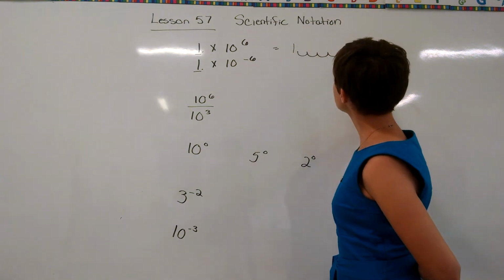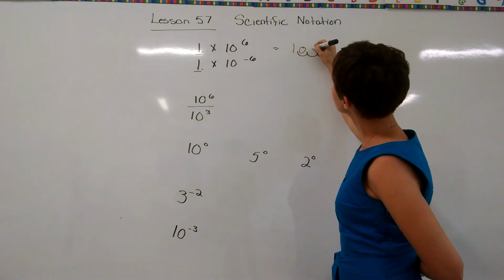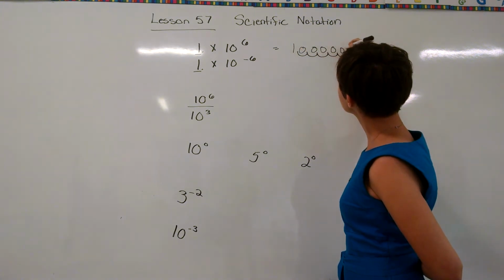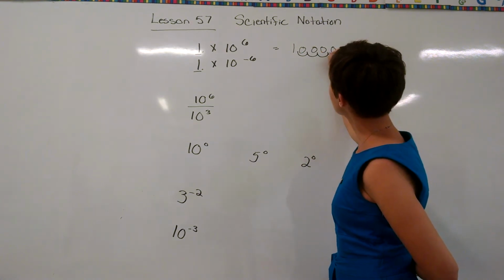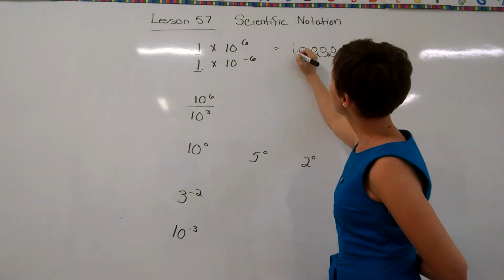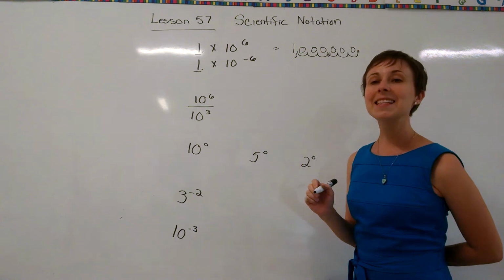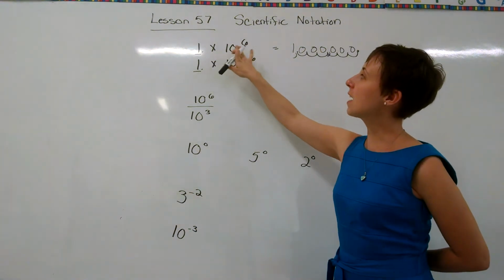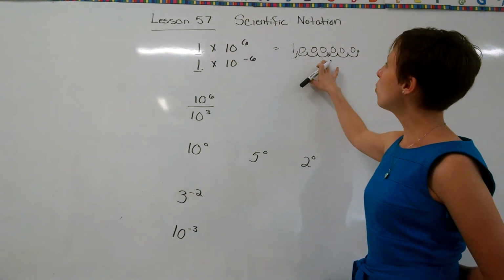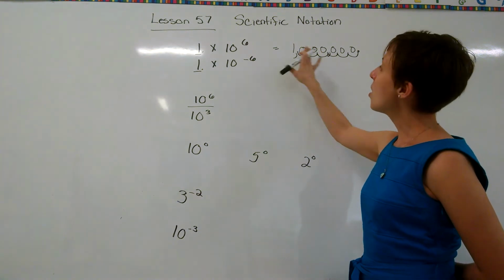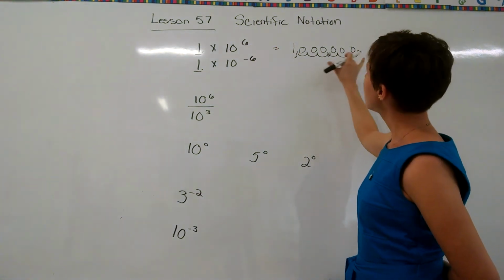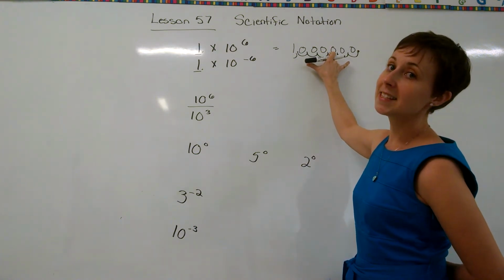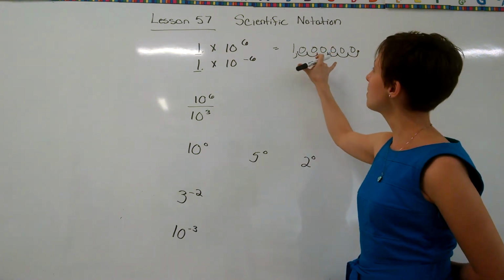I'm moving my decimal place 6 places, adding on my 6 zeros. 1, 2, 3, comma. 1, 2, 3, comma. In standard notation, 1 times 10 to the 6th would be 1 million. Because it's a positive exponent, I know my number is going to get larger. So notice it is larger than 1.